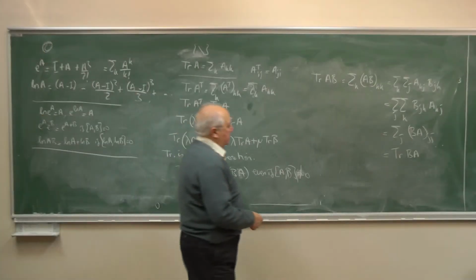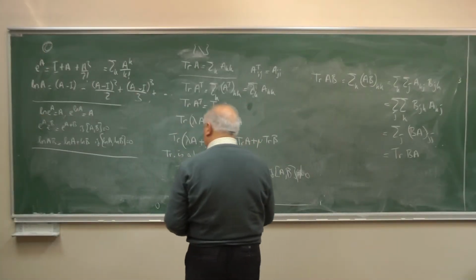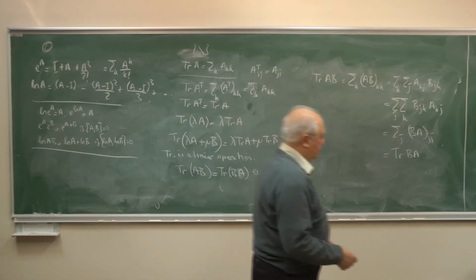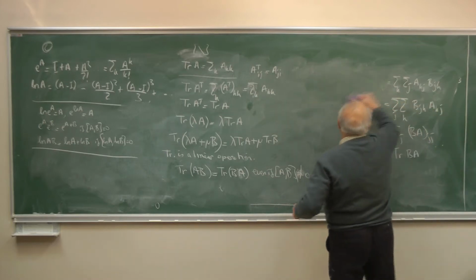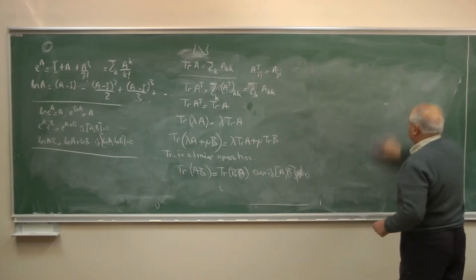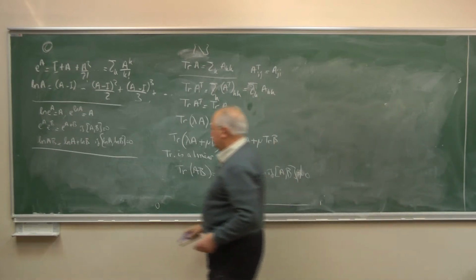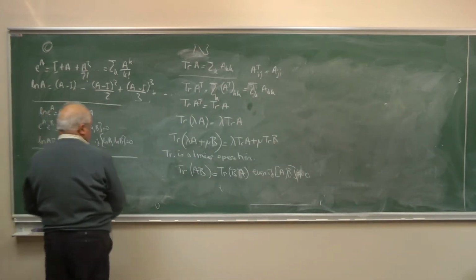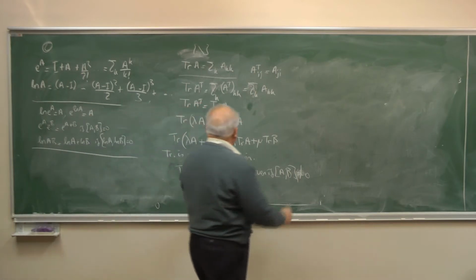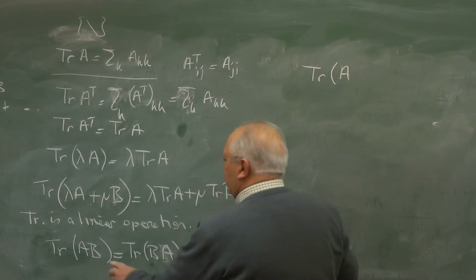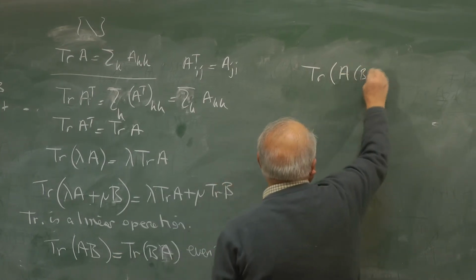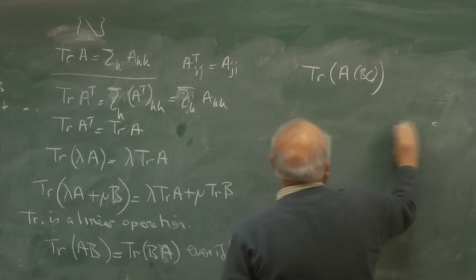Now, I'm erasing this part. We can generalize this. Trace A, instead of B, let me write BC. BC is another matrix.